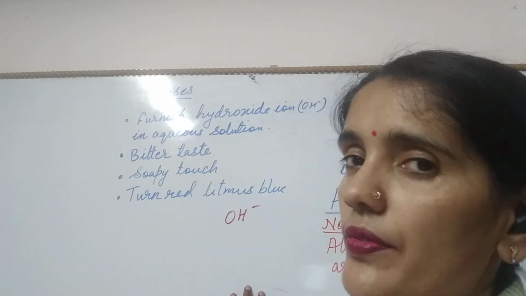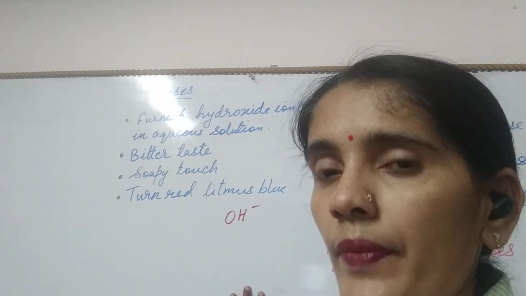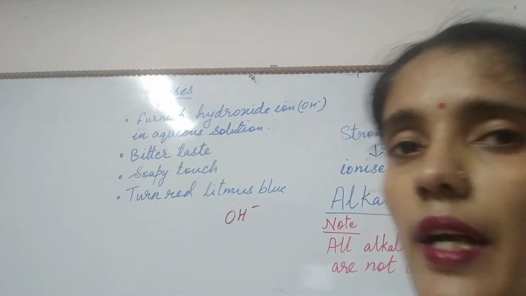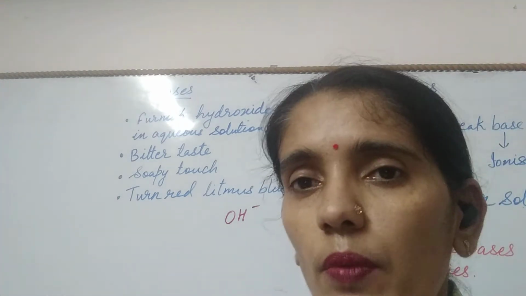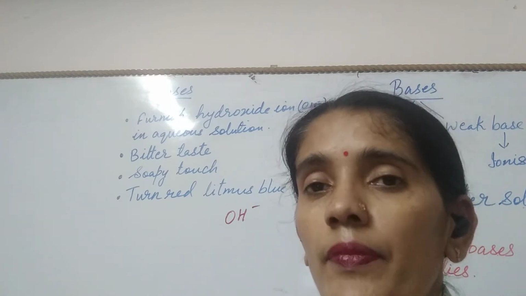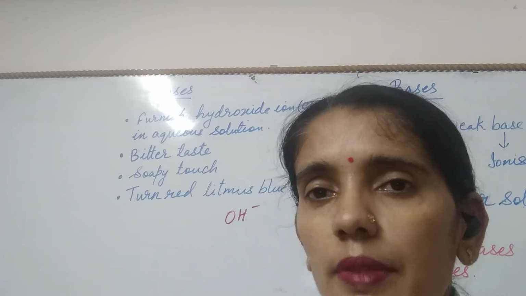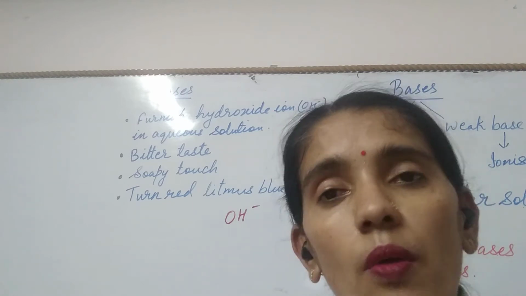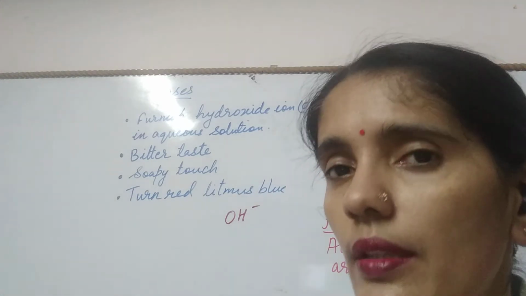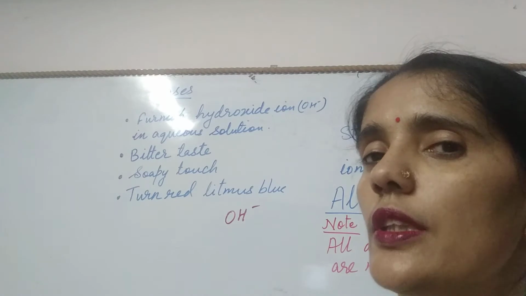Like in previous videos, I have told you, if dry HCl is taken along with litmus paper, one dry and one wet, then that HCl will show its acidic property only with wet litmus paper, not with dry.